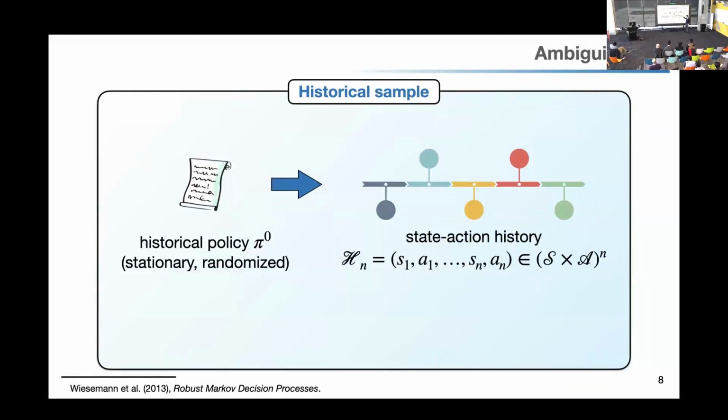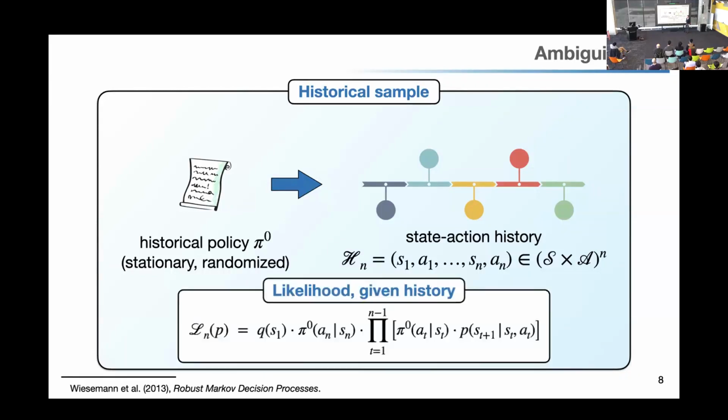And what I would like to do is use this state action history to reason about the transition kernel P. Now, if we were to give this problem to a statistician, quite possibly the first idea that comes to mind is to look at the maximum likelihood estimator.